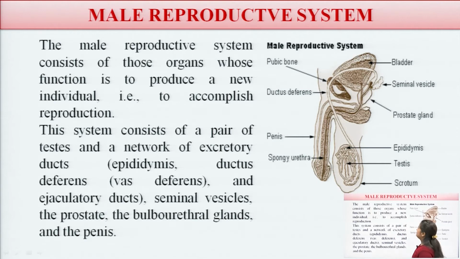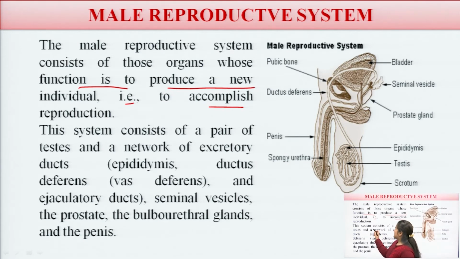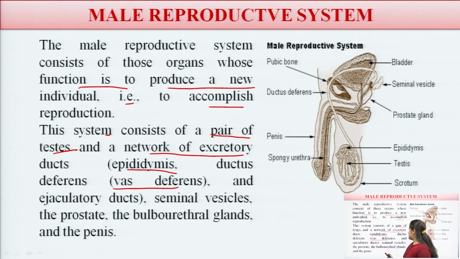The male reproductive system consists of those organs whose function is to produce a new individual, which is accomplished through reproduction. This system consists of a pair of testes, a network of excretory ducts, that is the epididymis, vas deferens and ejaculatory ducts, and the seminal vesicles, the prostate, which is a gland, the bulbourethral glands and the penis.